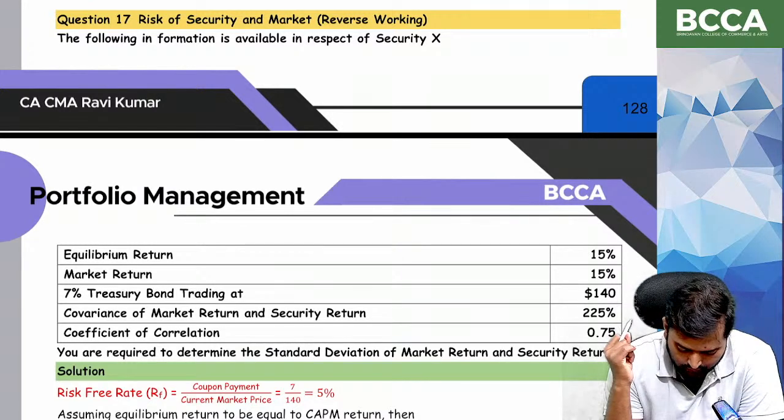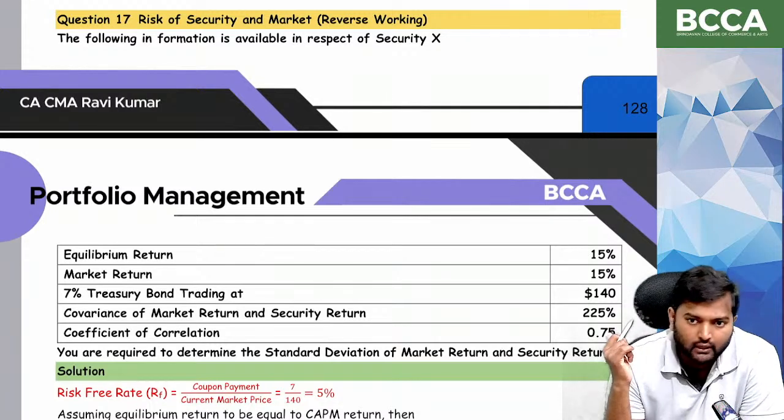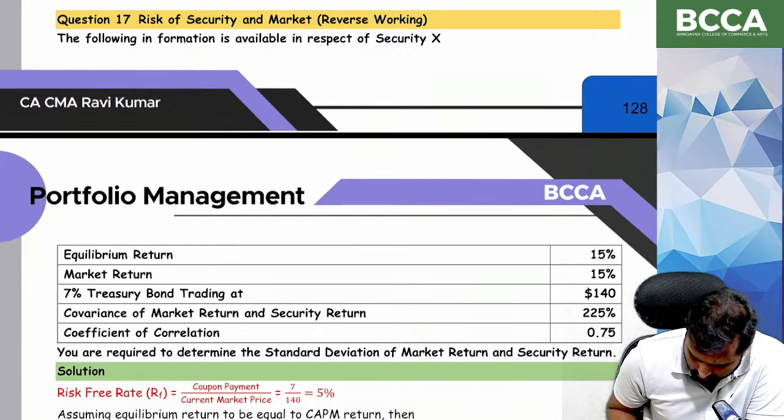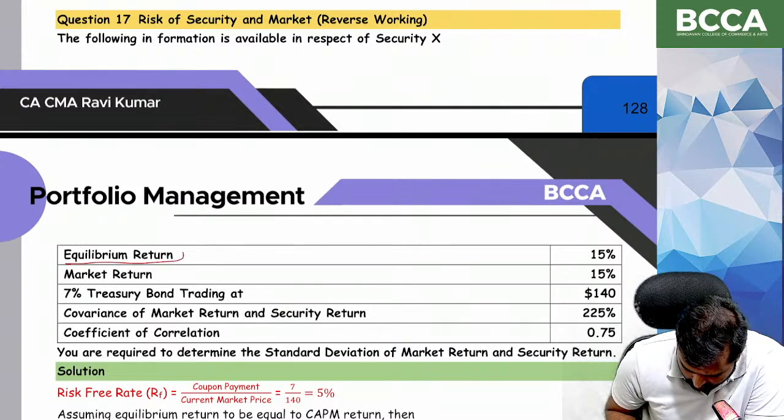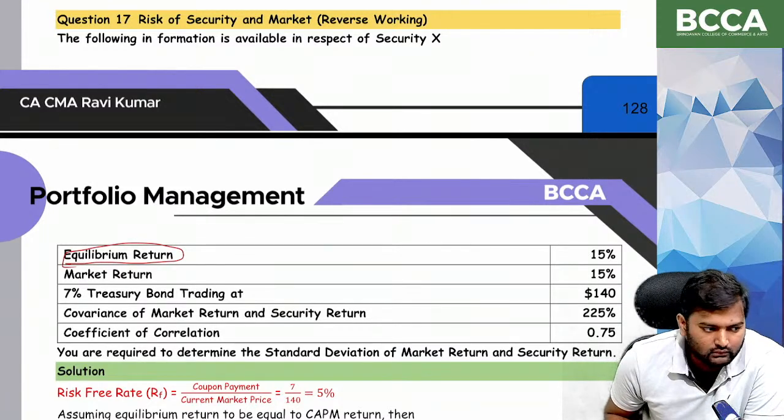The following information is available in respect of security X. Equilibrium return means nothing but CAPM return.